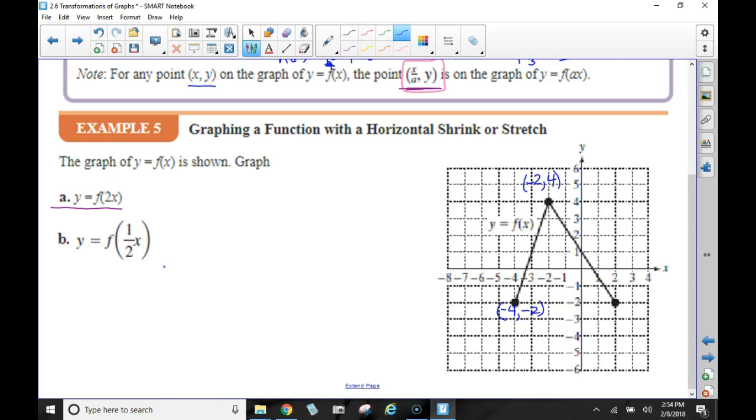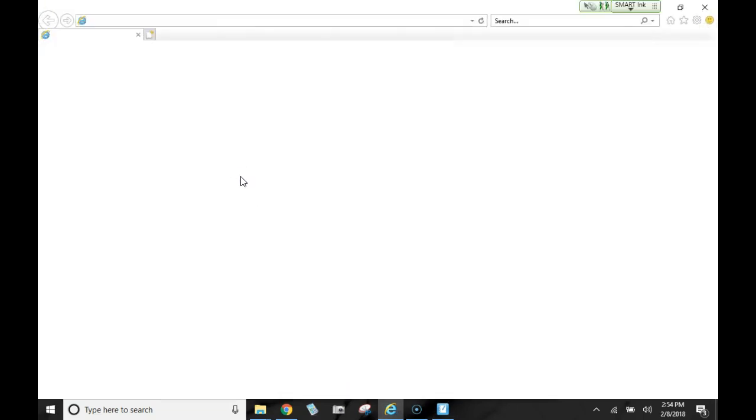And over here we have 2, -2, okay? Now, to find some key points here, I'm going to take the old key points. Let me recopy those. -4, -2.